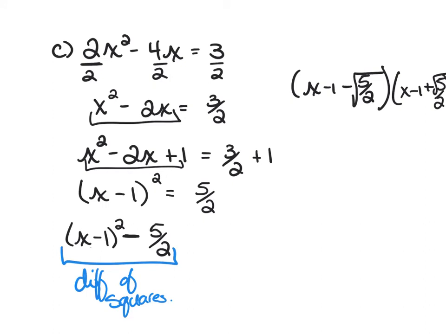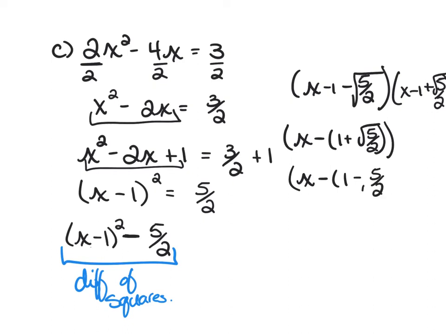So just to clean it up a bit, x minus 1 plus root 5 over 2. That's that first one. And then the second one will be x minus 1 minus root 5 over 2.